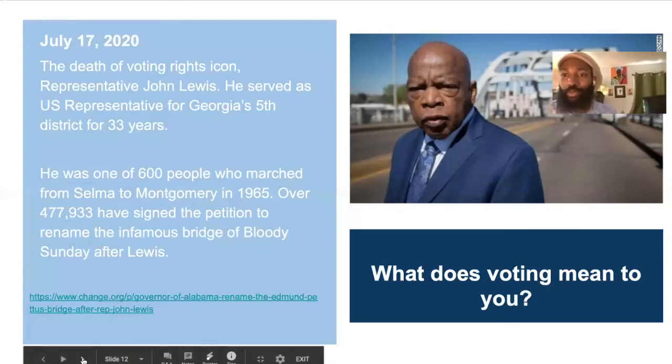And just because there's been something in the past doesn't mean that if we don't stay active and continue to advocate, that we'll always have those rights.